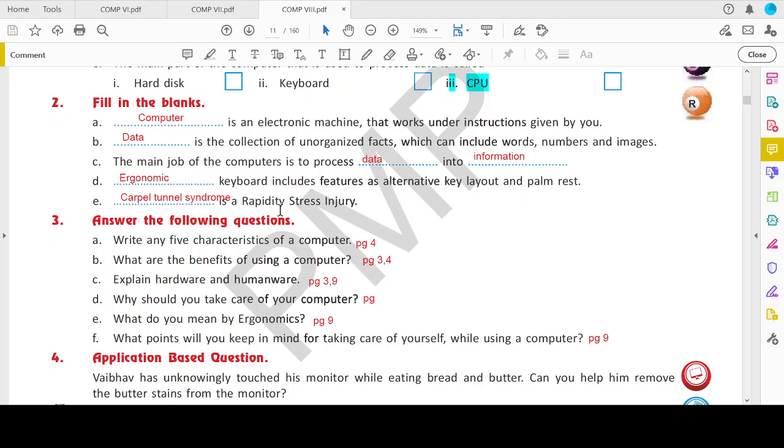So that generates a stress within us and we give ourselves pain, we give ourselves injury that is injurious to our wrist and that is called rapidity stress injury. Often it is like a numbness or tingling sensation on our wrist and the syndrome is called carpal tunnel syndrome.